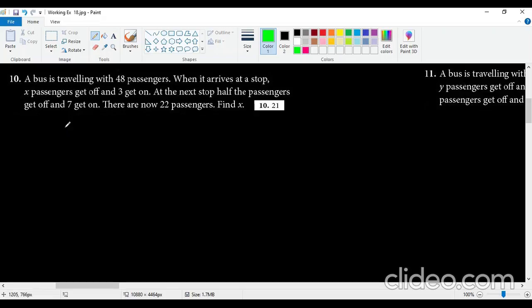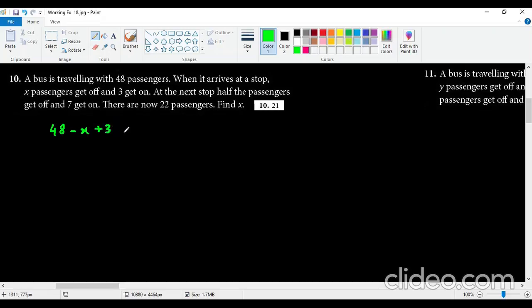When it arrives at a stop, x passengers get off and 3 get on. That means the equation is going to be something like this. Out of 48, x number of passengers are subtracted and 3 are added to the bus in the first stage.